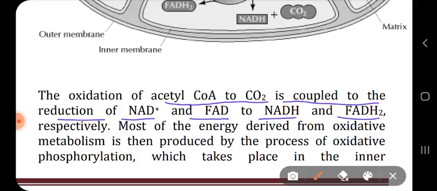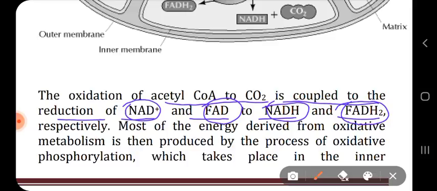So when oxidation of acetyl coenzyme A occurs to form CO2, at the same time it also reduces NAD plus to NADH. It also reduces FAD to form FADH2, right?